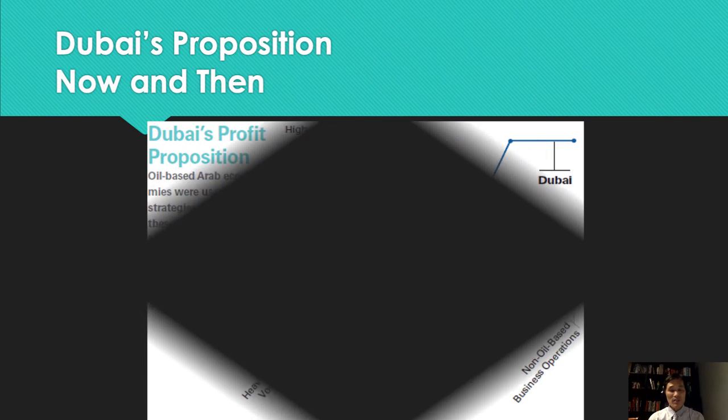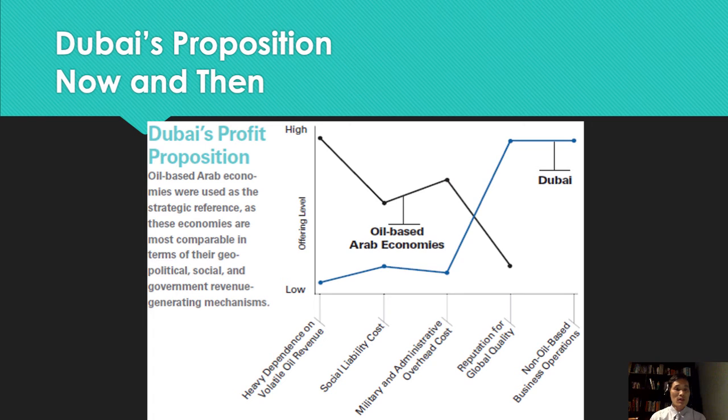Now, this graph shows Dubai's propositions now and then. This graph contrasts Dubai's economic proposition with the oil-based economy before, or the surrounding countries, and Dubai itself. As I mentioned, the city does not possess any oil and therefore can't depend on oil at all, whereas the rest of the Arab economies pretty much depend on oil production.